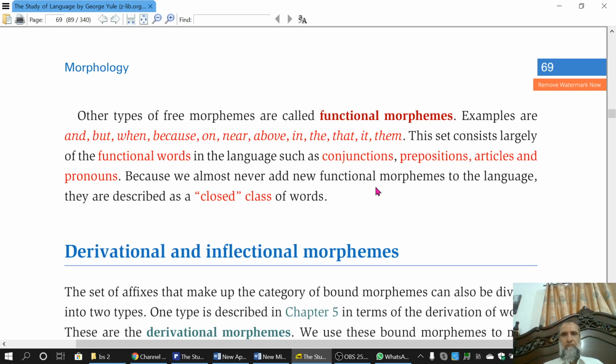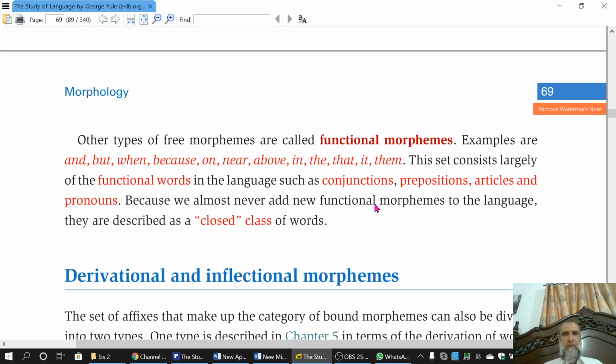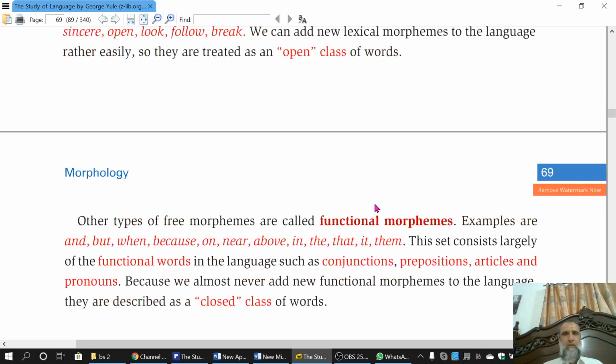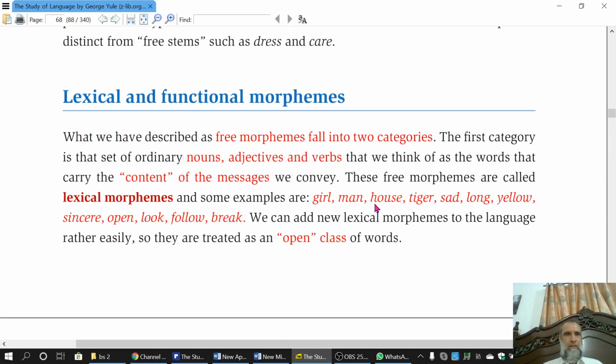Therefore, these morphemes which are free, of course they can stand alone. However, they perform some grammatical function, and the main message, the content of meaning, is not found in them. So a very short lecture again.